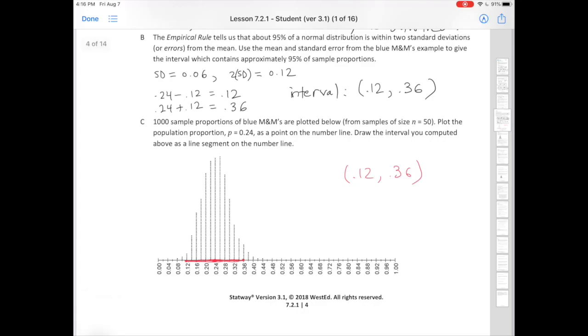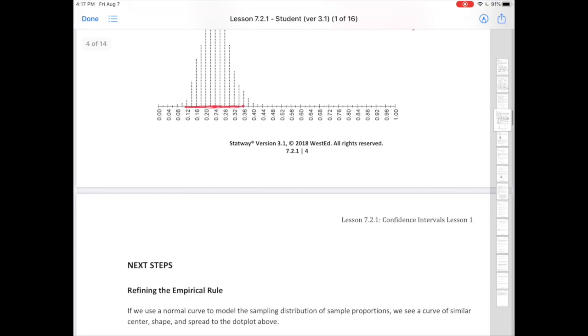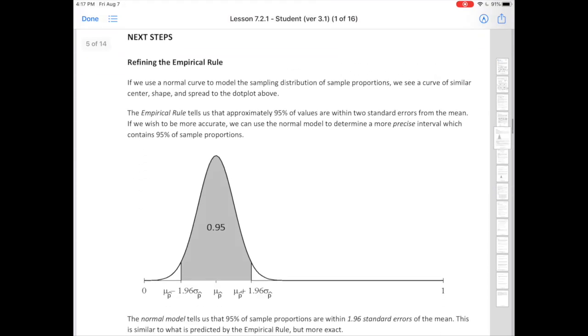All right, so let's keep going. Next steps. Refining the empirical rule. If we use a normal curve to model the sampling distribution of sample proportions, we see a curve of similar center, shape, and spread to the dot plot above.